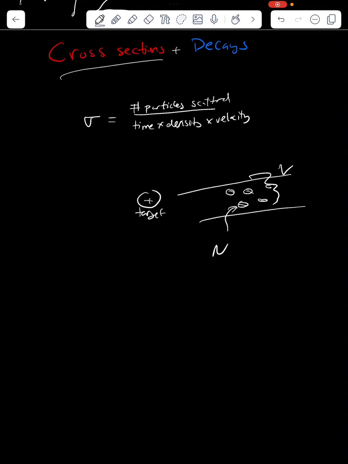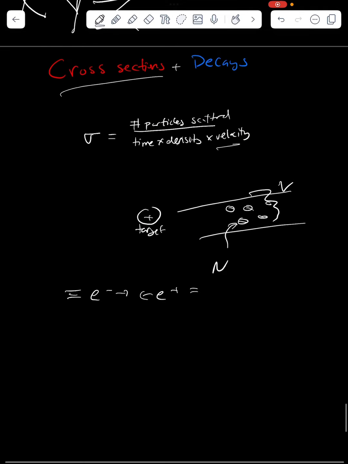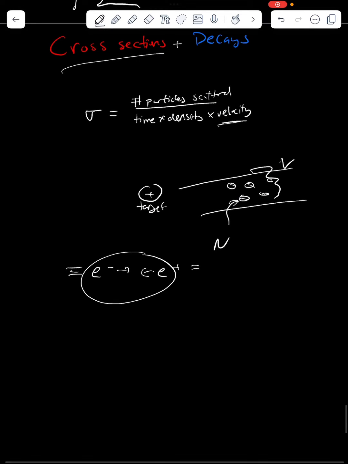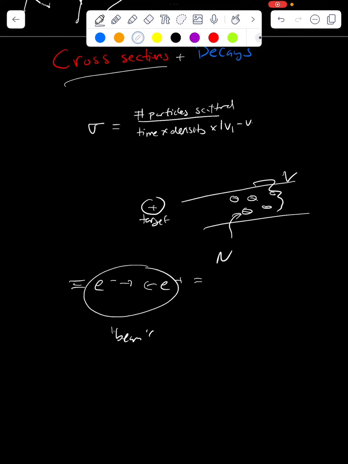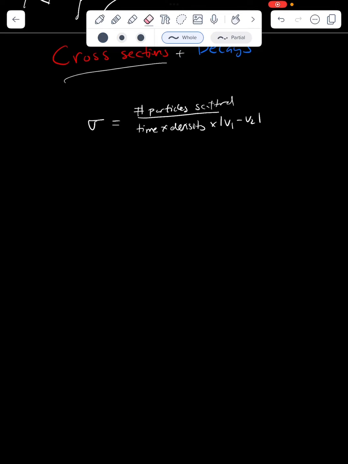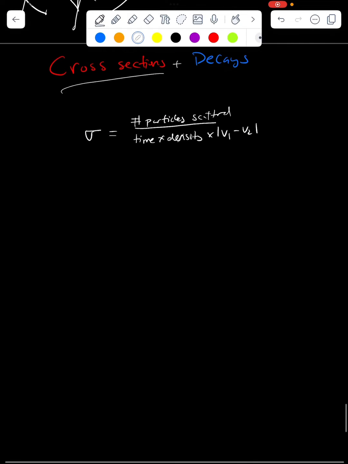And if you're looking at scattering of two particles, which is easier to work with, so say you have, again, an electron and a positron heading towards each other, and then the velocity here, well, here we'd have two particles in the beam, right? And so the velocity here means the relative velocity between the two particles. So the goal of today's video is to relate this cross-section to the probability, or to the matrix elements.